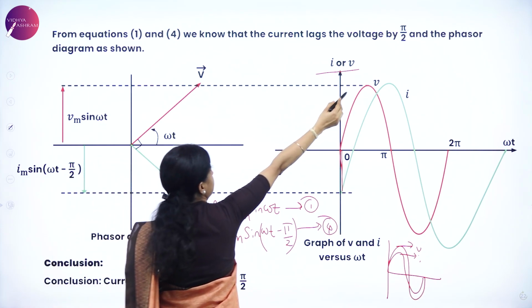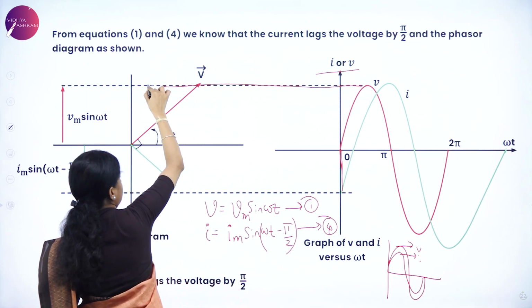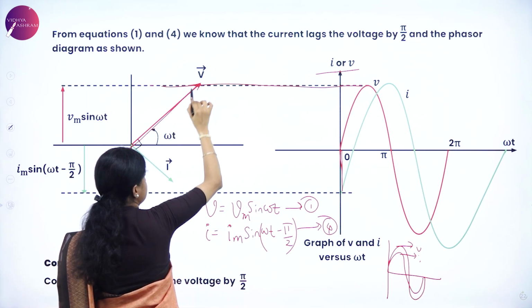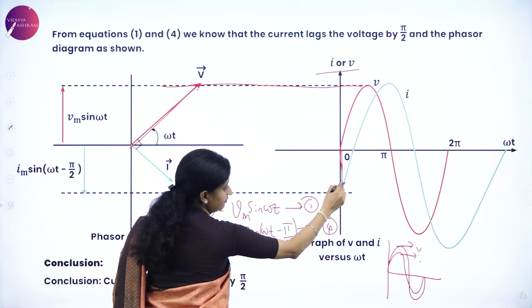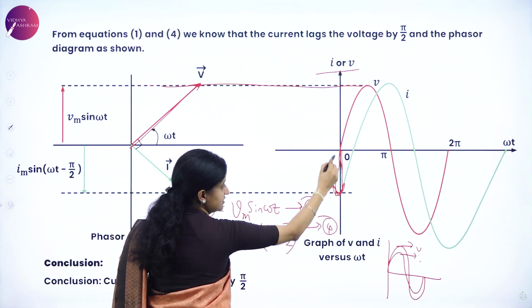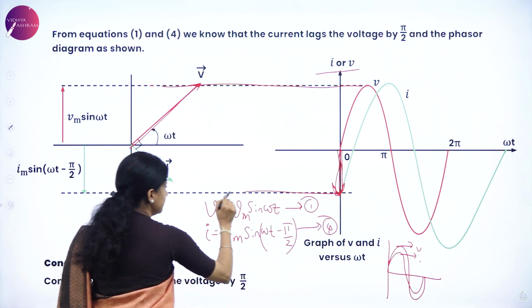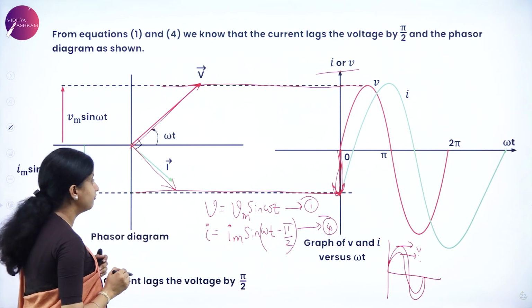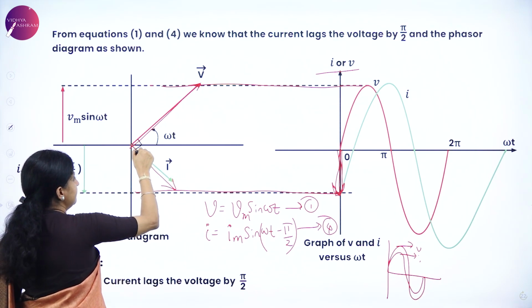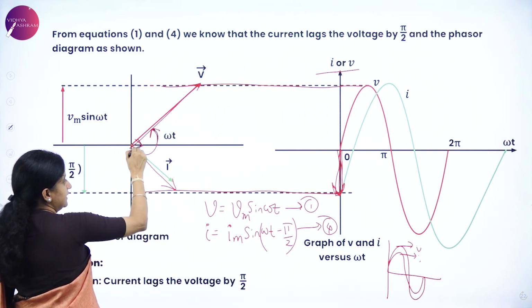So now projecting this gives us the peak value. The vector of the red line represents the peak value of voltage, and here we have the peak of current. This vector represents the peak value of current, and the angle between them is 90 degree.